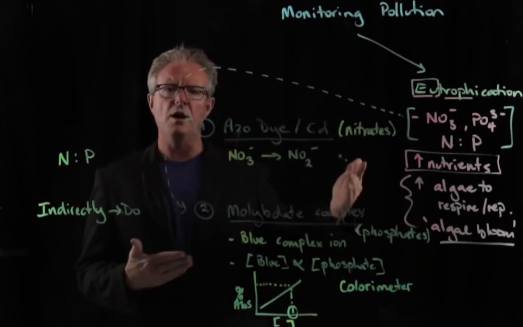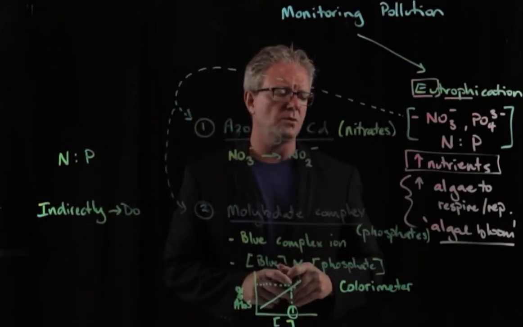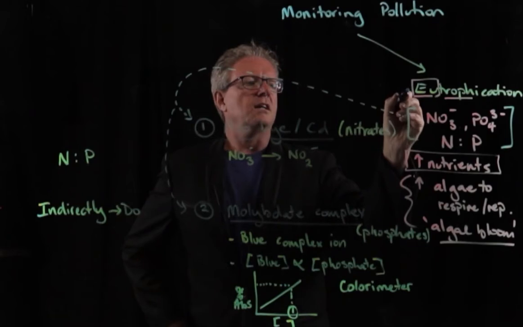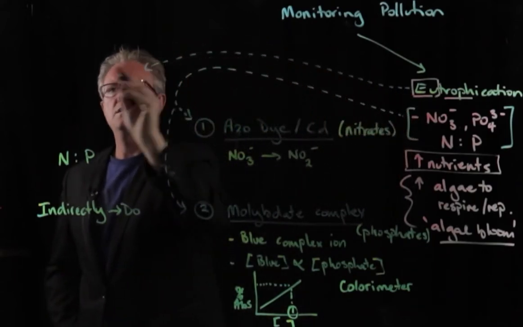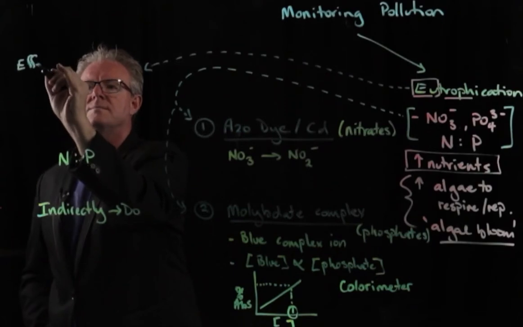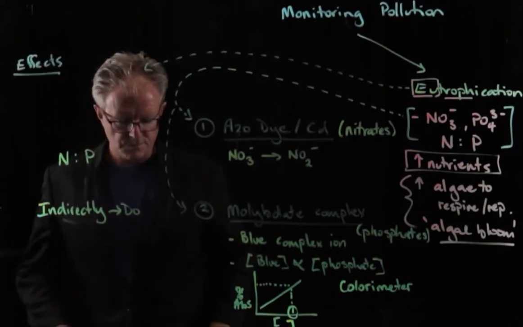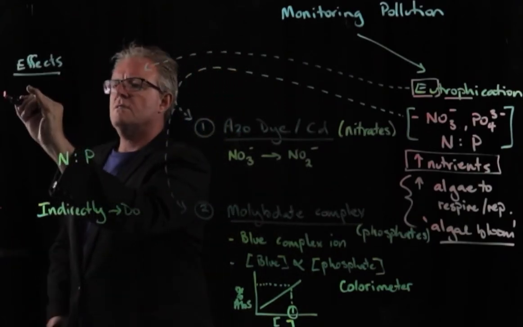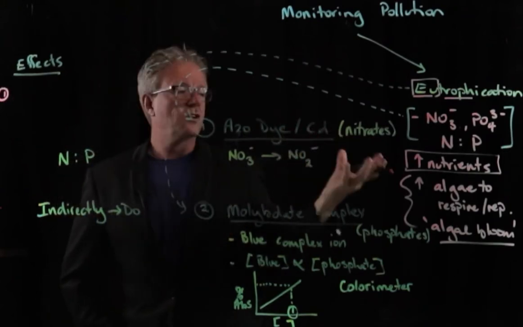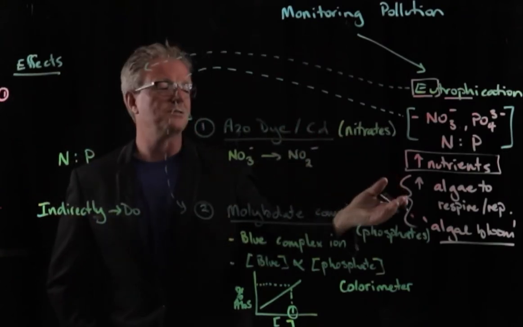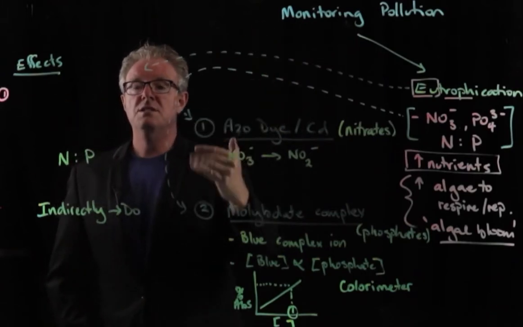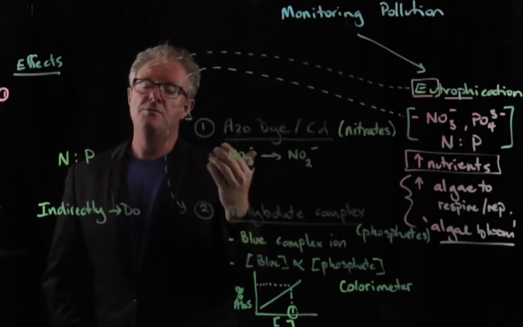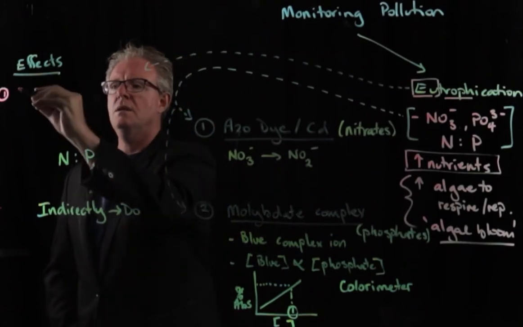We'll just remind you of what we have said before with eutrophication, in terms of the effects. If the amount of algae is increasing, then it's going to block sunlight from reaching aquatic plants and therefore decrease photosynthetic ability.